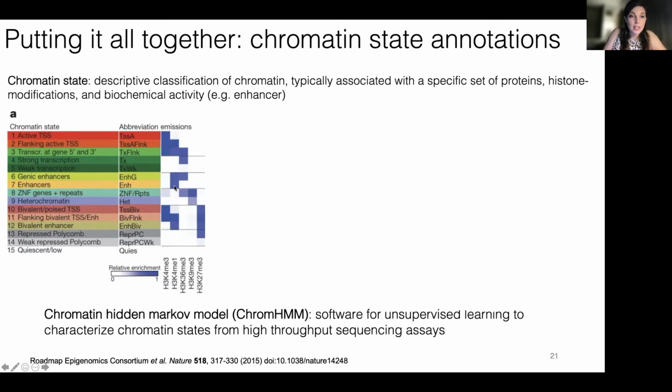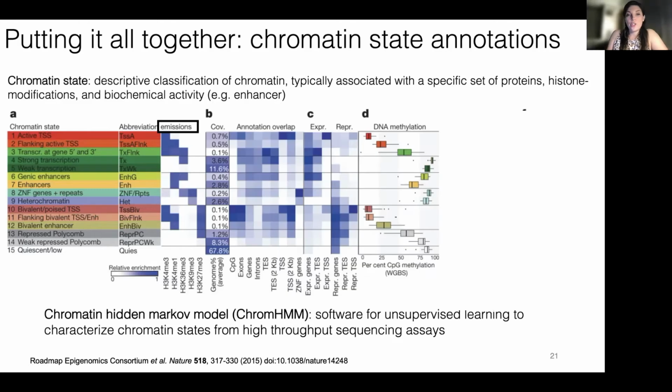This enhancer region here doesn't have the K27 acetylation, but we know from other experimental assays which of these characteristics match, and so they can go through and name these different chromatin states. It's an unsupervised learning approach that allows you to label at the end, but ultimately allows you to define all of these annotations along the genome.